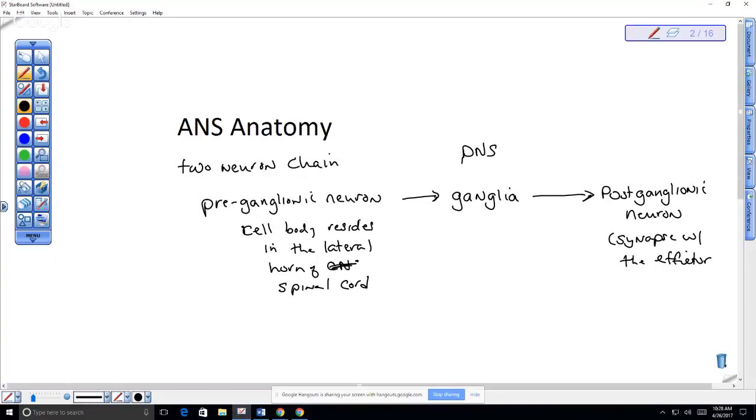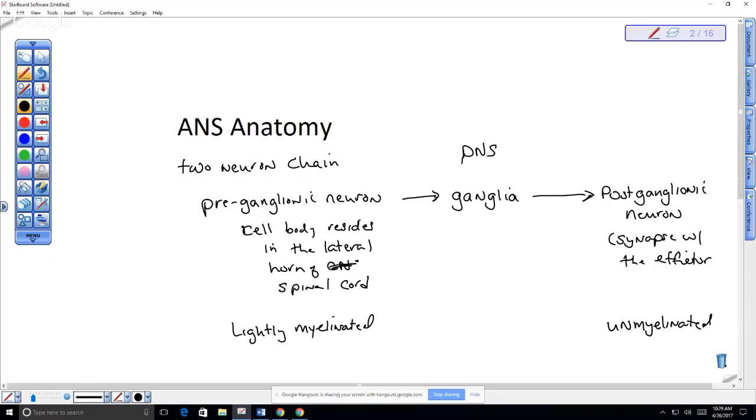So if we look at this preganglionic neuron, it is lightly myelinated. It doesn't have nearly as much myelination as the motor neurons of the somatic division. And then these are actually unmyelinated.